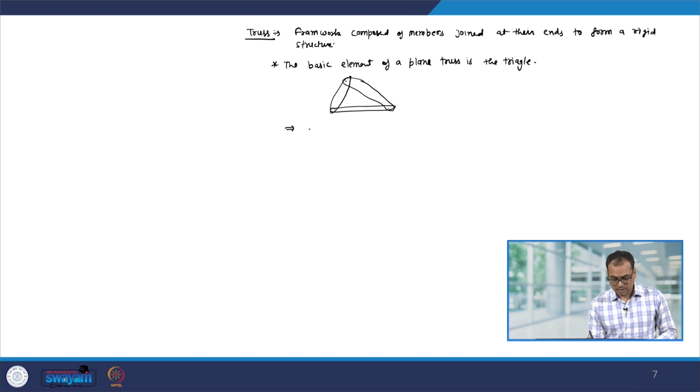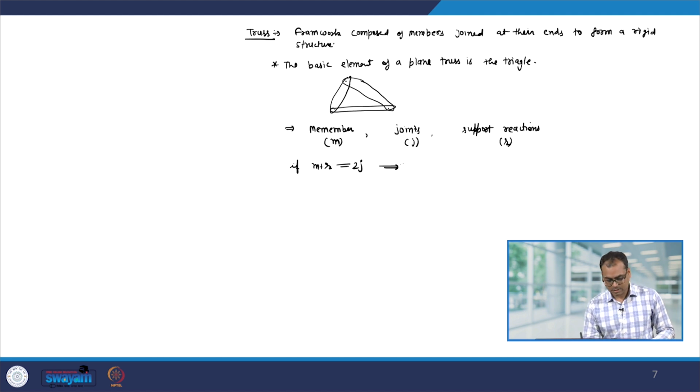Now, if the members in the truss are M, the joints are J, and the support reaction is R, then if M plus R is equal to 2J, in that case the truss is statically determinate.